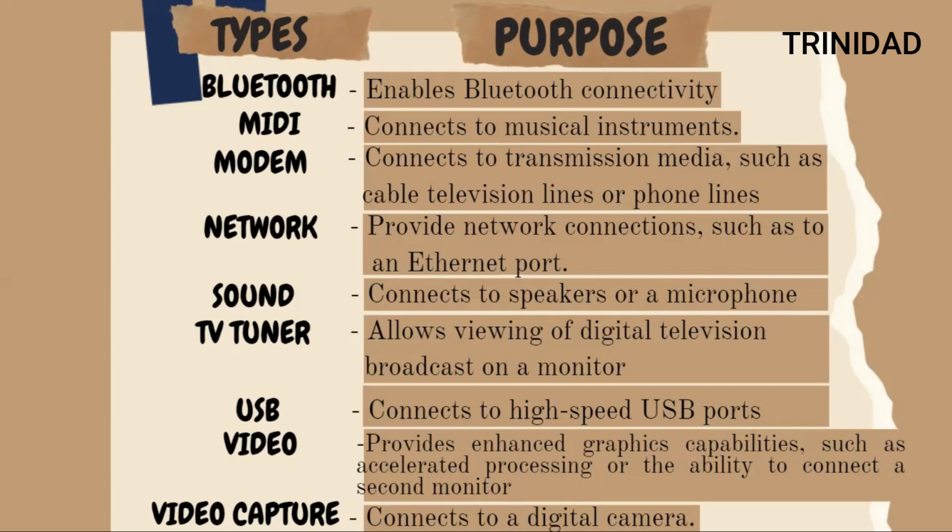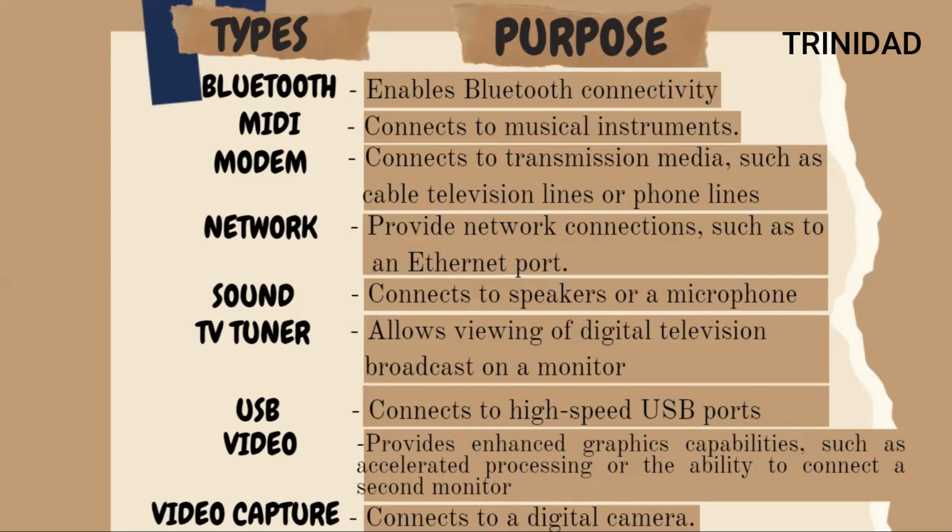Next is network. Network provides network connections such as to an Ethernet port. Network, nagko-consist ito ng two or more computers that are linked in order to share resources such as printers and CDs.